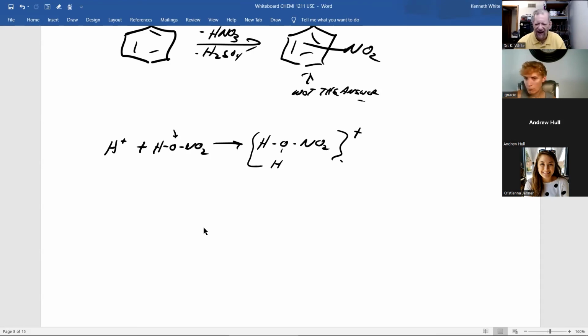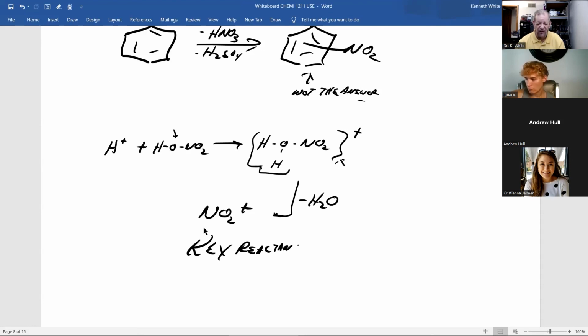I write the brackets because you can't isolate it. This immediately loses water, H2O, and it forms this nitronium ion. And this is the key reactant, because this has a plus charge and says, I don't like that. Where's some electrons? And the pi bonds on the benzene ring have a lot of electrons, and it attacks that. So remember that.